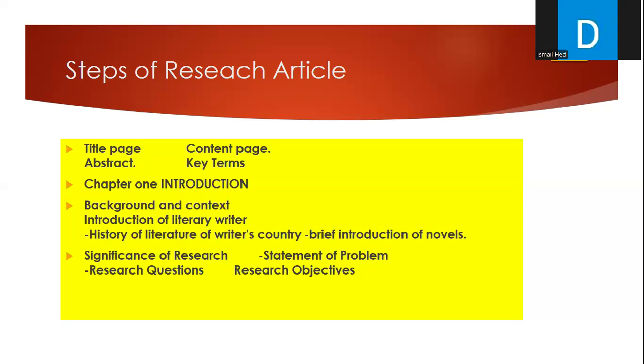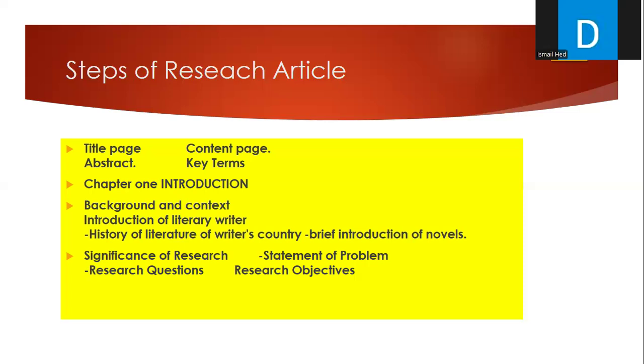What should a good introduction entail? A good introduction should have background, background to that particular context, background to that particular idea, background to that particular writer or that particular problem that you want to investigate.